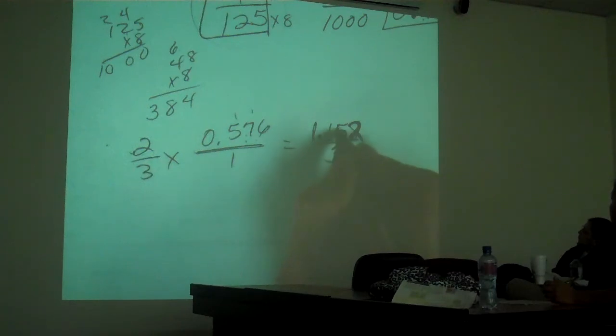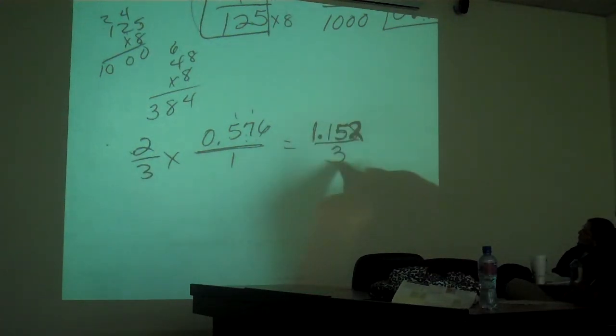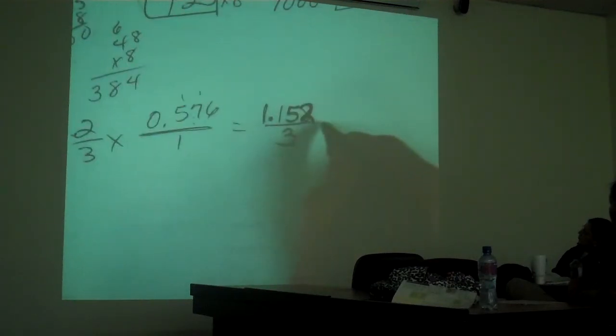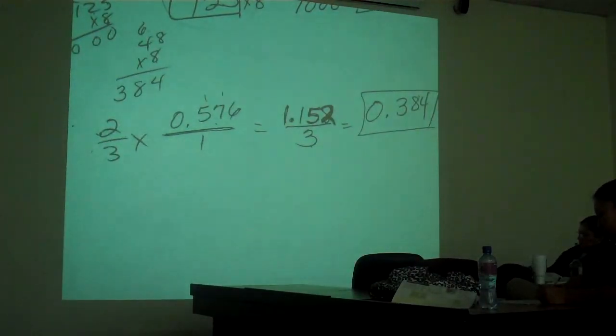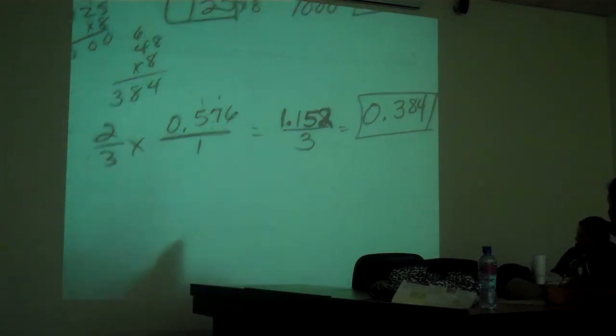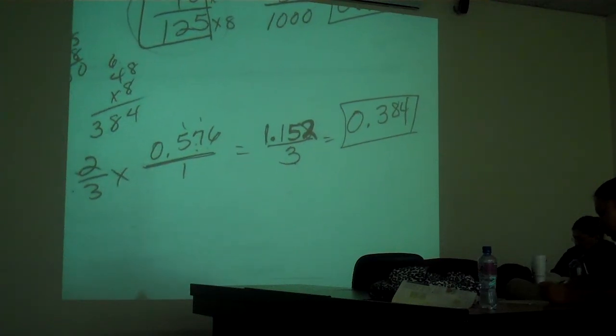Does that look right now? Yeah. Then when you do that divided by that, 1.152 divided by 3, you get the 0.384. So you could do it that way if you would rather. And I believe that's it now.